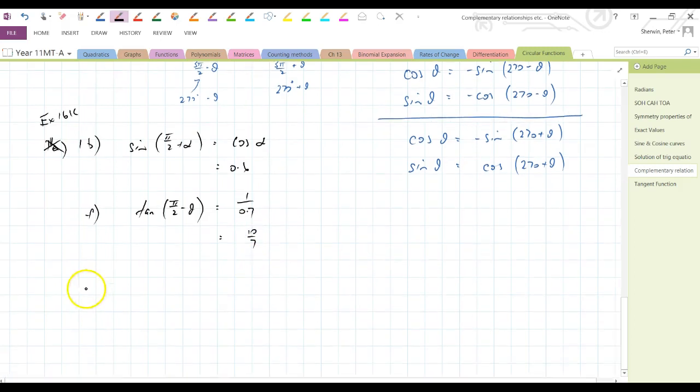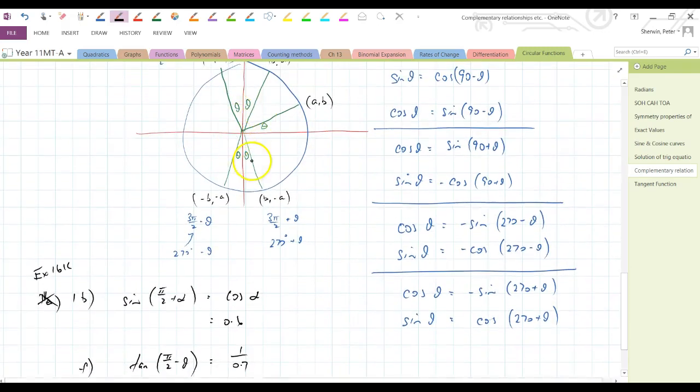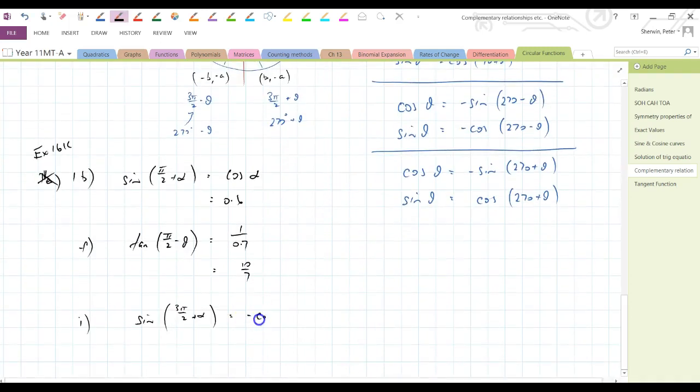Let's have a look at maybe I. Sine of, so not 90, 3 pi on 2, 270 plus alpha. Okay, so sine of 270 plus alpha, let's go to that. 270 plus alpha is this one here, so we're after minus A, which is the negative of cos alpha. And minus cos alpha is minus 0.6.